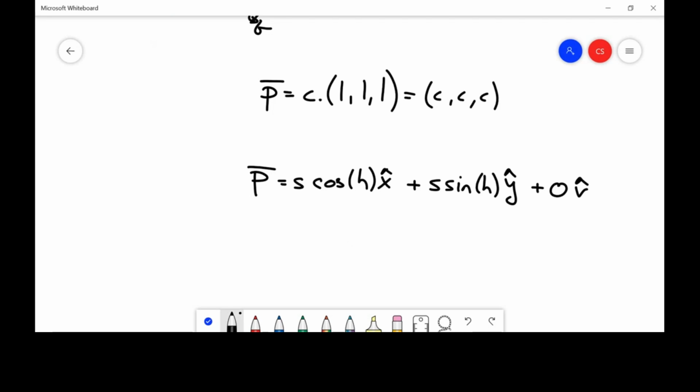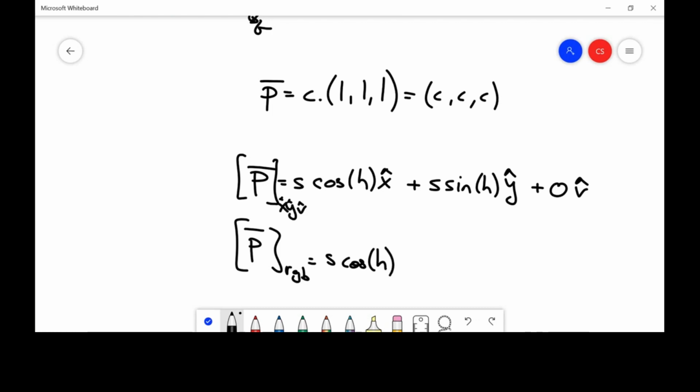We are using this for vectors. Okay, but this is in the X, Y, V coordinate system. What if I want to express this in the RGB? In the RGB coordinate system, it is the same, but now this X has to be expressed in the new coordinate system.